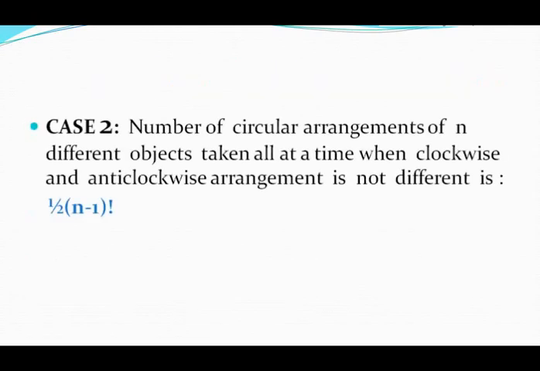Now let's go through the second case. It says that the number of circular arrangements of n different objects taken all at a time, when clockwise and anti-clockwise arrangements are not different, is 1/2 times (n minus 1) factorial. Here the important point to note is that the anti-clockwise and clockwise arrangements are not different, so that is why we are dividing by 2.